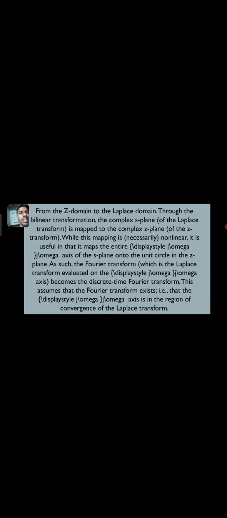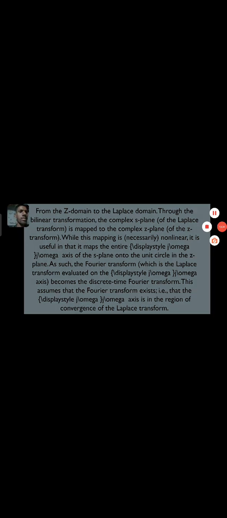As such, the Fourier transform, which is the Laplace transform evaluated on the jω axis, becomes a discrete-time Fourier transform. This assumes that the Fourier transform exists, that is, that the jω axis is in the region of convergence of the Laplace transform.